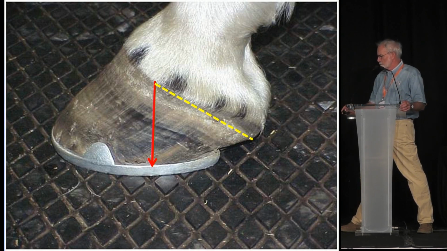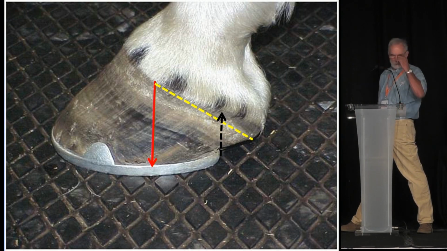It's not in the hoof capsule. And you'll see where the horse strikes the ground, right in the middle of the distortion.